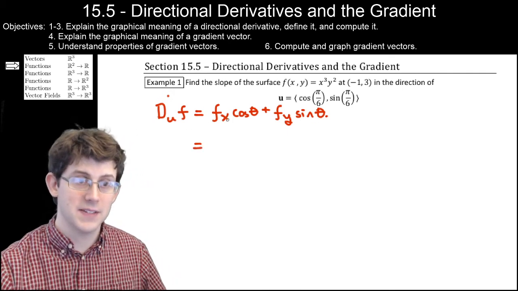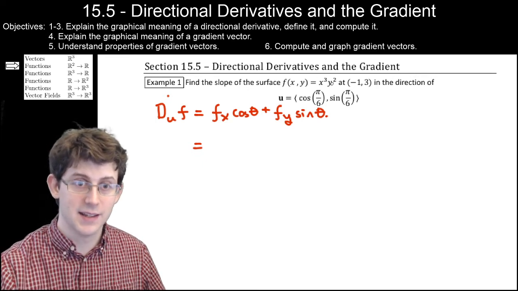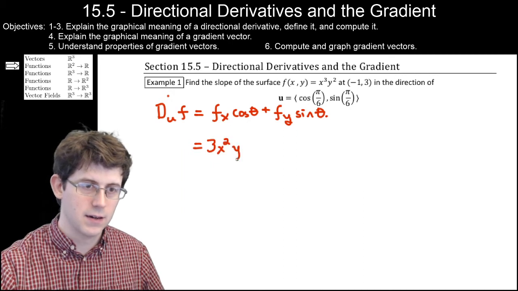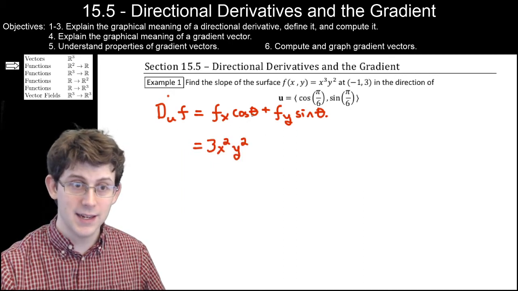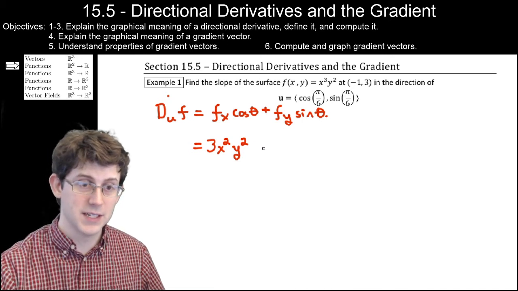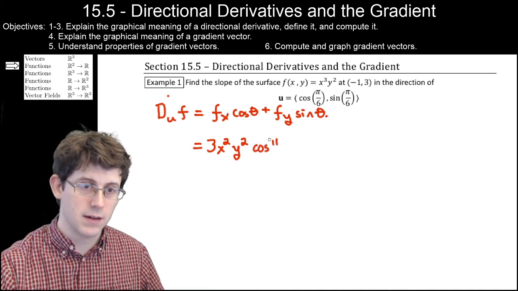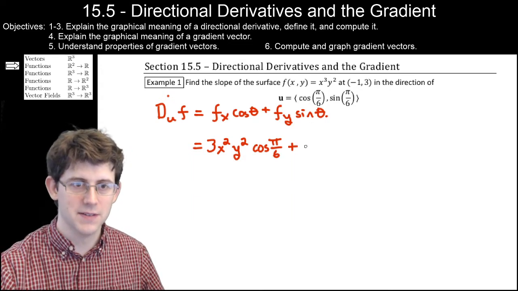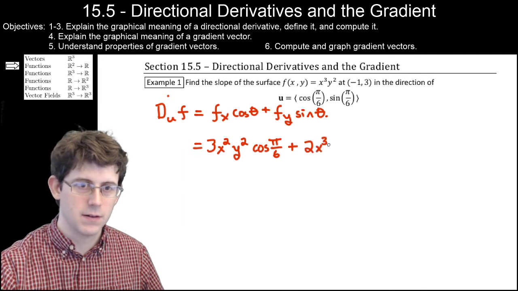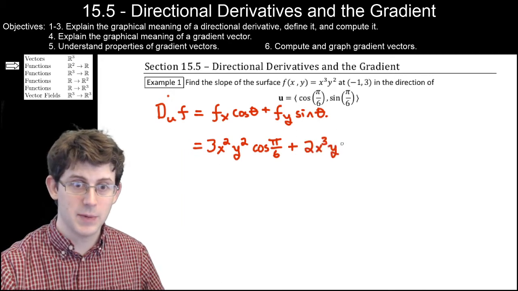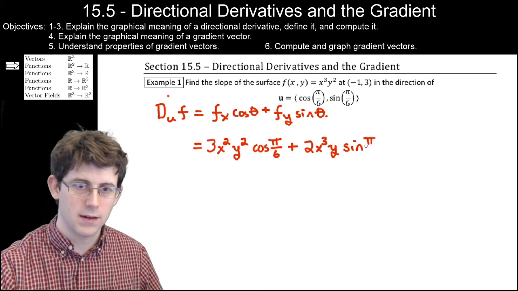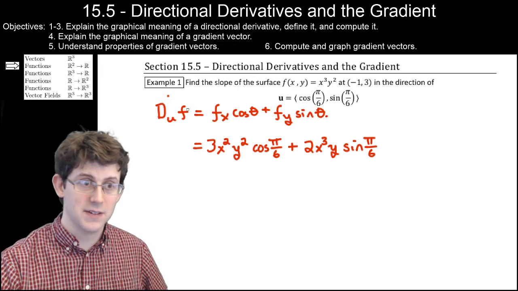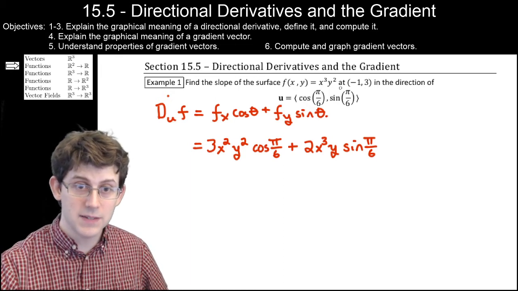So we need to find f sub x. Well, f sub x is the x partial derivative of the function. Cosine theta? Well, theta is apparently pi over 6. f sub y? Well, I can take the y partial derivative. Sine theta? Well, theta is pi over 6. Now we're trying to find the directional derivative of f in the direction u at a specific point.